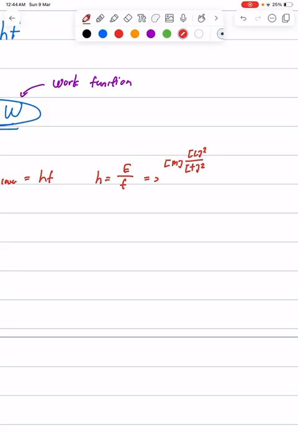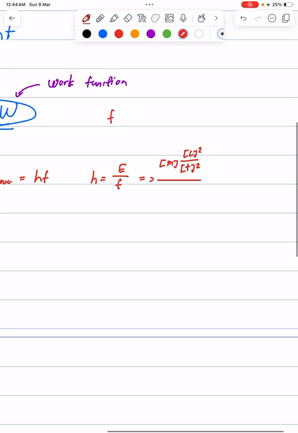And the frequency, as we call it, f equals 1 over T, where T is the period, which has units of time. So it has units of 1 over T.